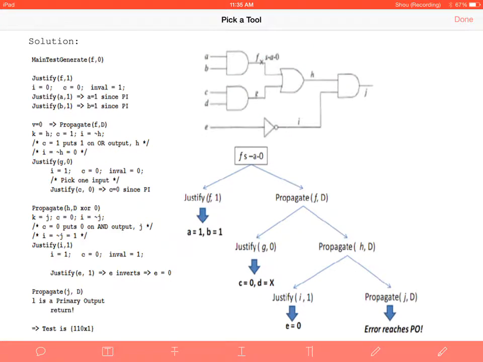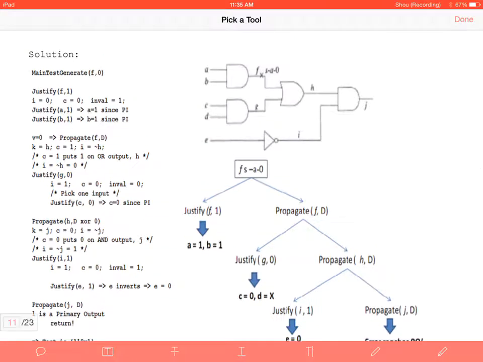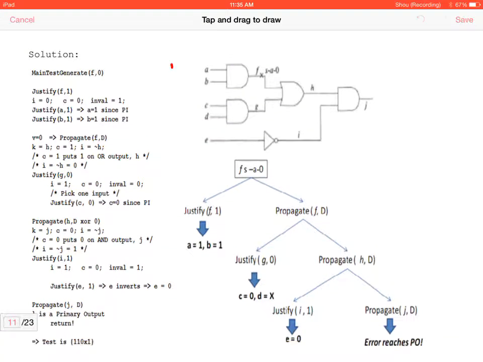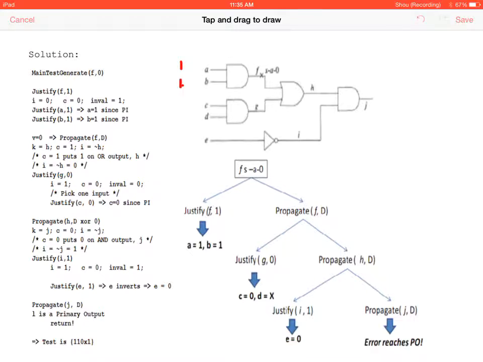You can do 1, 1, 0, x, or you can do 1, 1, x, 0. Because you only need to trigger one of those two inputs. So what we have right now, we have 1, 1. We'll do 0 and x. We put 0 here. We have D here, right? So that means we have D on this output, right?